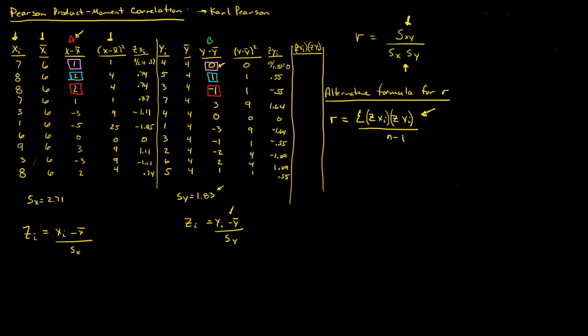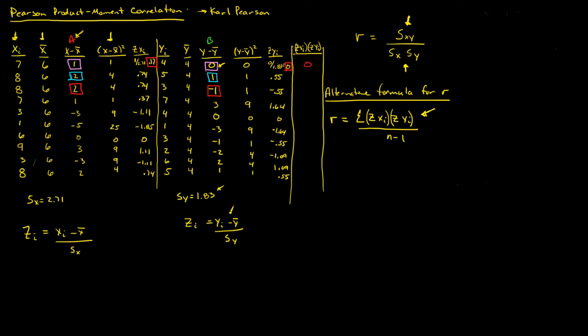You're going to take the z-score for case 1, which is 0.37, multiplied by 0 here, which gives you 0.